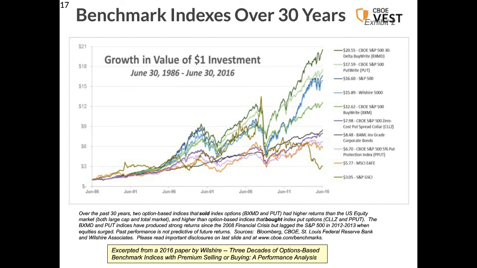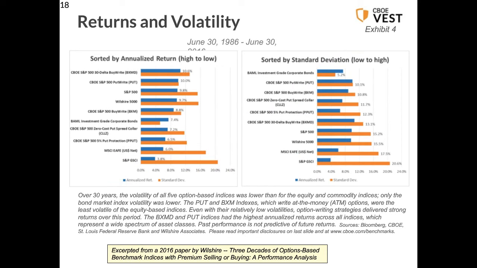This comes out a little bit better in this chart. So here what Wilshire has done in their paper is to sort these various option strategy indexes by the return on the left and by risk on the right. If you look at this, you see that the S&P 500 is the third highest in return, again over this 30-year period.